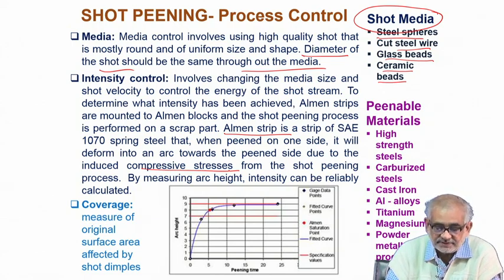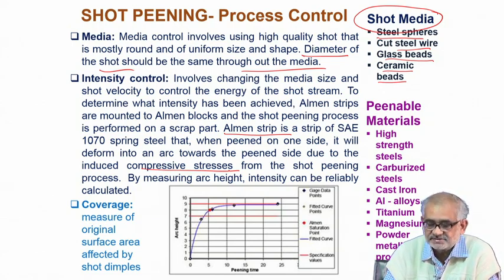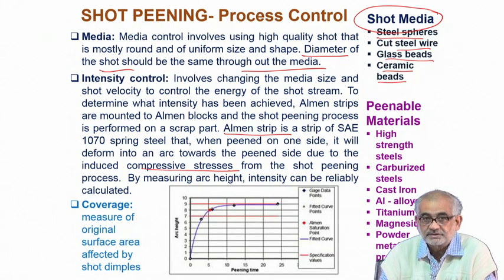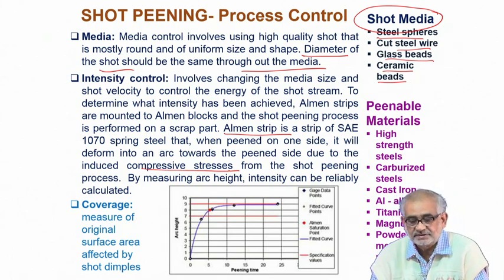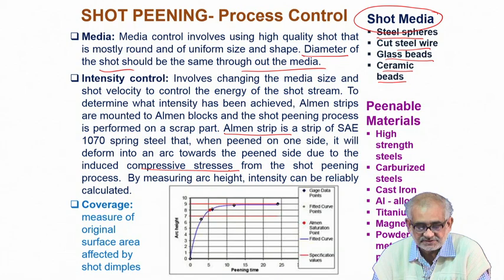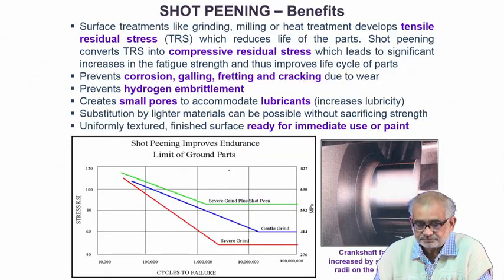So when we allow such shots to hit the surface at very high speed, we can make use of this kind of calibration using the Almen strip to control the speed and control the level of stress that we can generate on the surface.